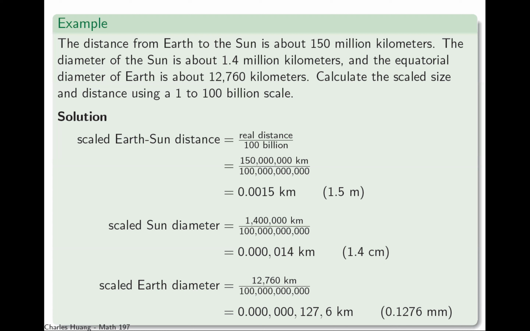Well, the Earth is 0.1 millimeters wide. That's really, really small. That's probably the thickness of a few sheets of paper. So you can see that Earth and Sun are really far away, but the actual size of Earth and Sun are really small.